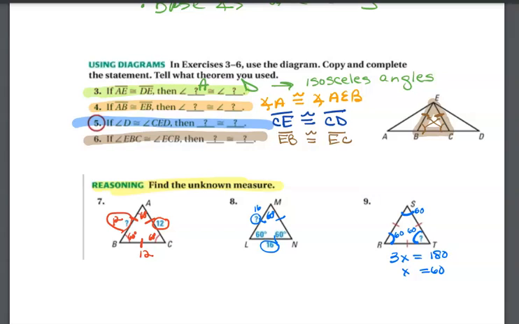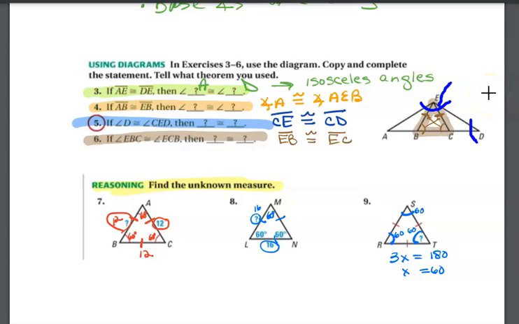Okay, let me just find some blue. Okay, so for the blue one, they say if angle D, so here's angle D right here, if that equals angle CED, again, that's this one right here, just the very far right angle.